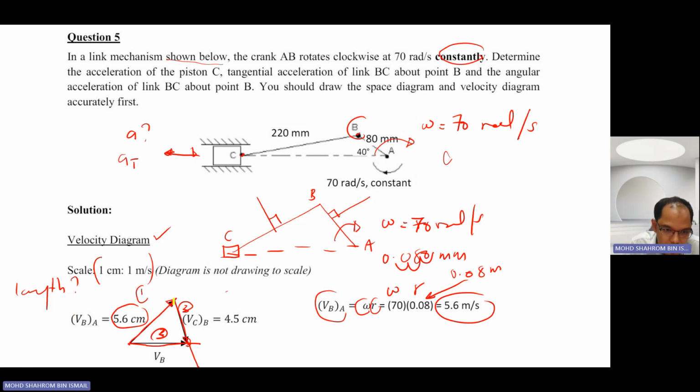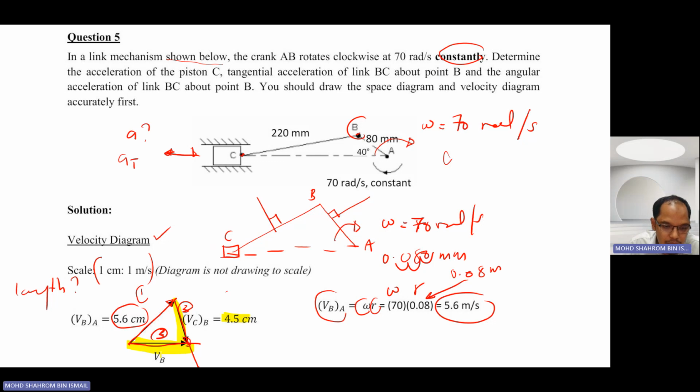So this line, you're going to measure, and somehow you'll find it to be around 4.6 centimeter. Together with this line as well, you measure it to be whatever length it is supposed to be.